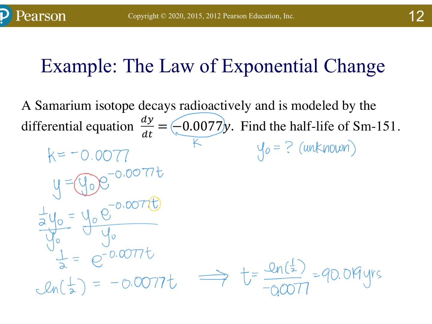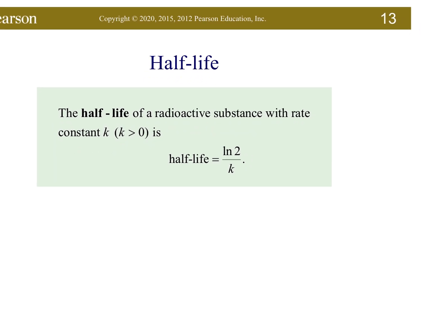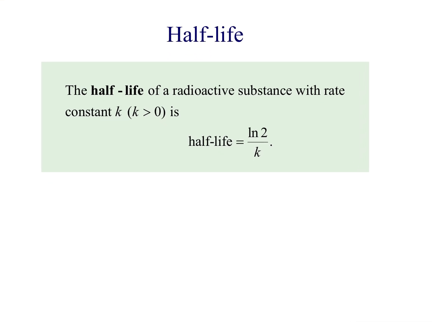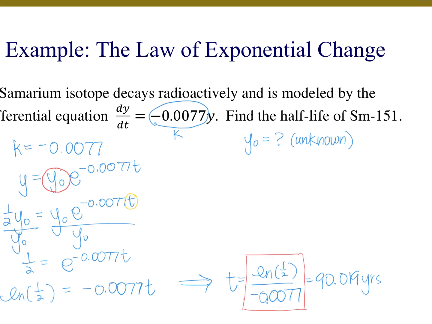Now look at what that ended up as. Natural log of half over the constant. That can be generalized. The half-life can be found as the natural log of 2 divided by k, as long as k is positive. Interesting, because our k last time was negative, but we divided by the natural log of half.